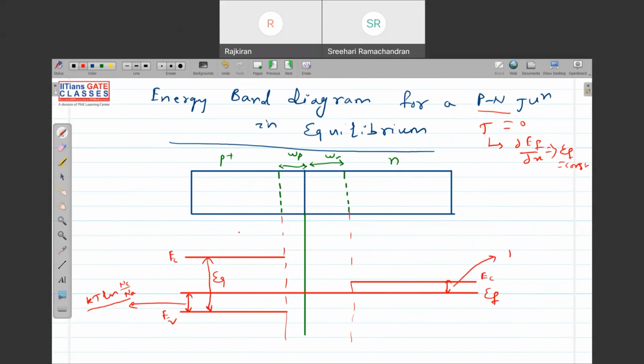You should know this, not just remember. If I know EC, I have to go below by EG to get EV. So from here I measure a distance of EG to get EV. This is the way you have to draw the energy band diagram in the neutral region. This is my EV.